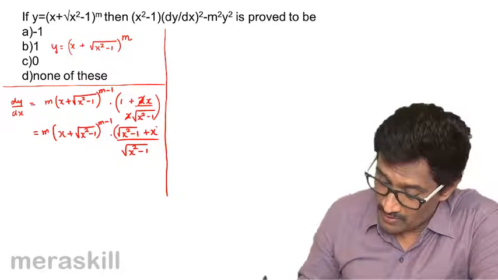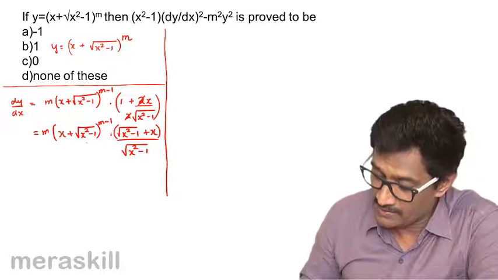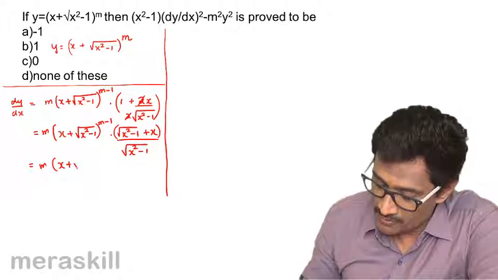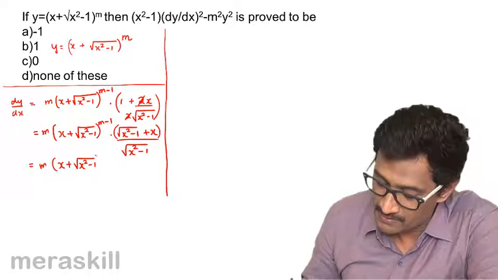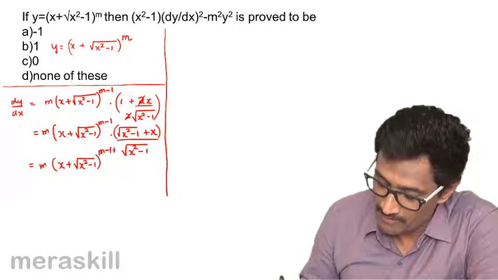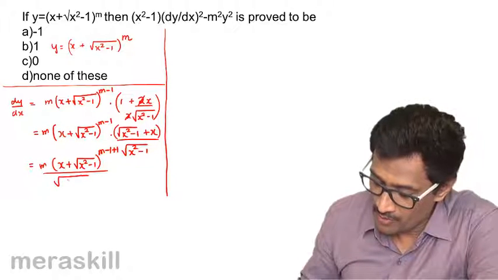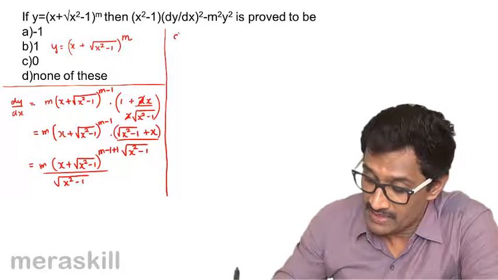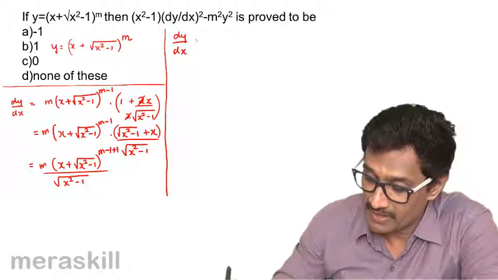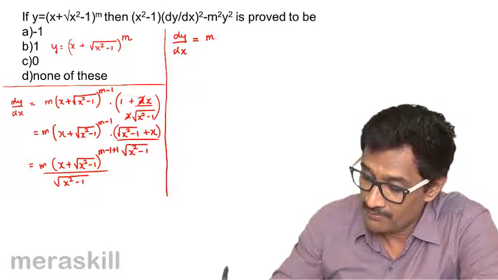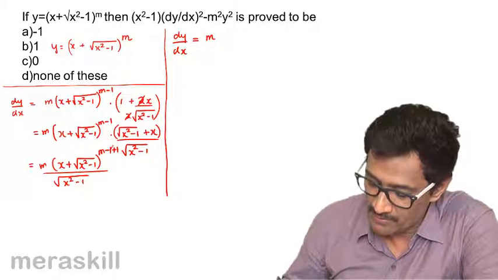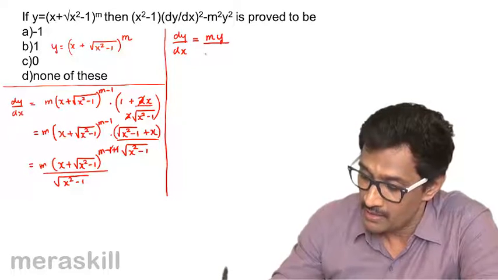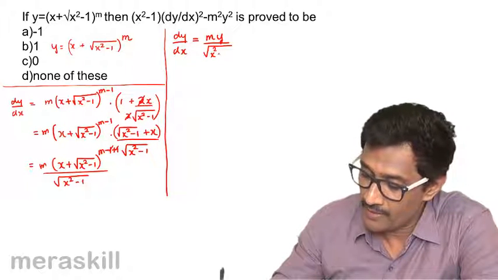This alone and this are one and the same, so this will turn out to be m into x plus root x square minus 1 raised to m minus 1 plus 1 upon root x square minus 1. So ultimately, dy by dx is nothing but m into x plus root x square minus 1 raised to m, which is nothing but y. We can write it as my upon root x square minus 1.